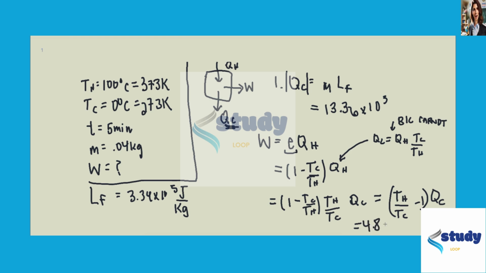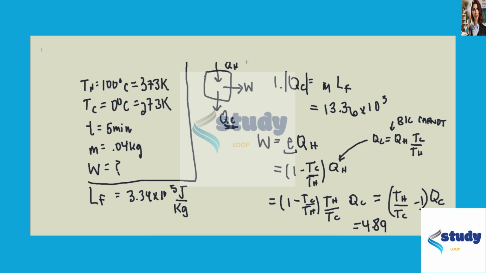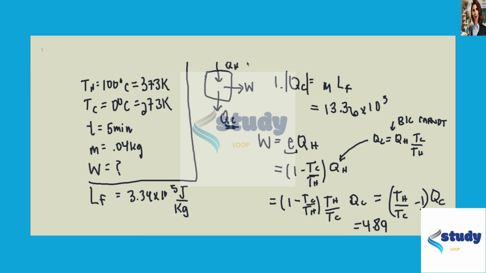Yes, times 10 cubed. The TH is 373, TC is 273, and QC is what we calculated in step 1.